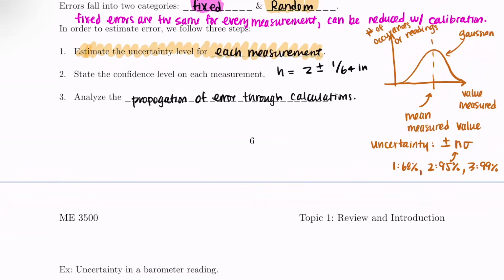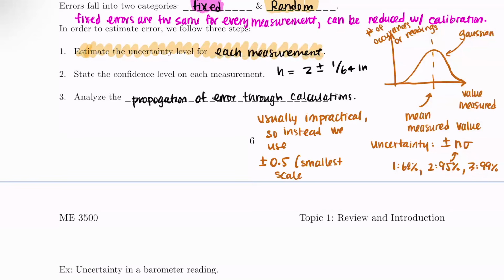So what we do instead is use plus or minus half of the smallest scale division, or we will use whatever the manufacturer has given us.